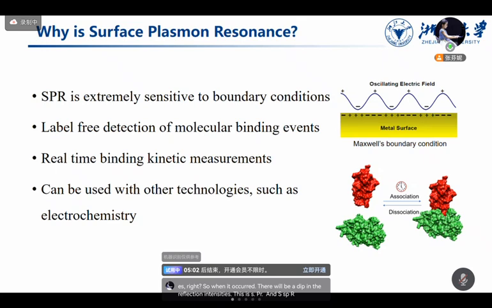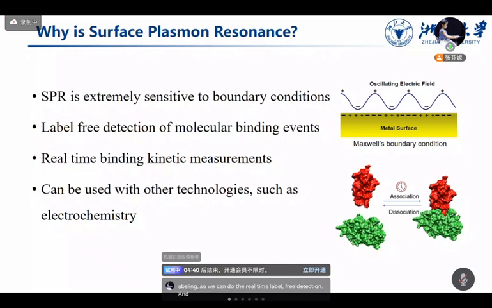And the reason we want to work with SPR is that it's really sensitive to the boundary conditions. All the refractive index changes, all the electron changes can give us signals. And also it's a very universal signal, so we don't need any labeling. So we can do real-time label-free detection.